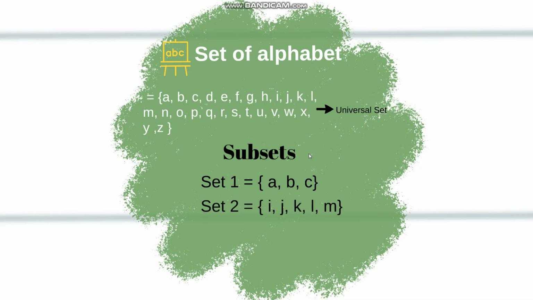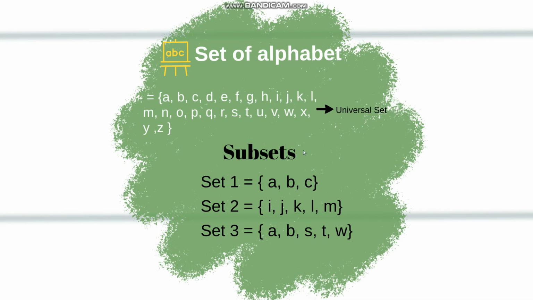Let's have another example. Set number 2 is equal to the elements I, J, K, L, and M. So I, J, K, L, and M are being contained by our universal set, our larger group. And let's have another example. We have set 3 having the elements A, B, S, T, W. The main point here is that when we say subset, it is just a part.